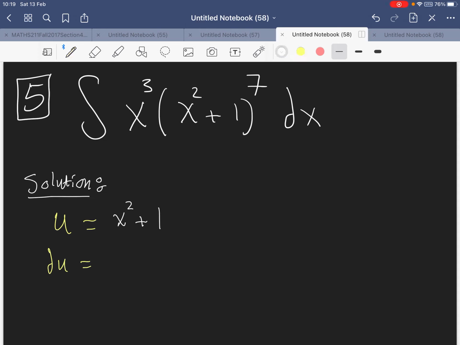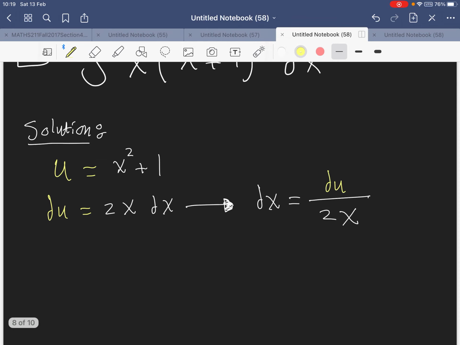So let's see, what do we get? Now we need to find only dx, and dx will be just du over 2x.